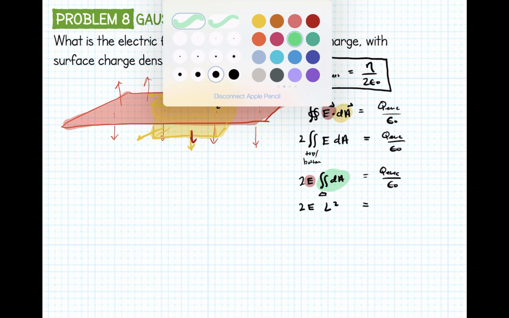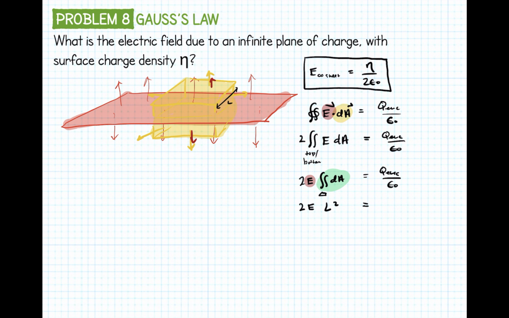Q enclosed is just the part of the charge enclosed by that box, so just the chunk of the infinite sheet, the finite square of charge. Because this thing has a charge density, Q enclosed is equal to the volume enclosed times the charge density. Oh, sorry, not volume. This is an area because it's only two dimensional. Area enclosed, which is the blue thing.